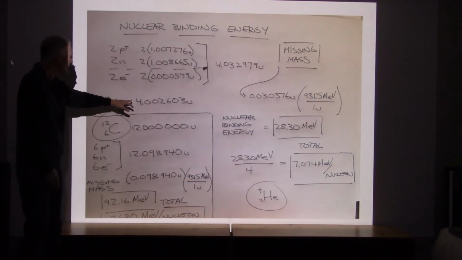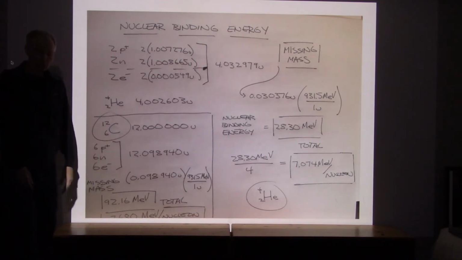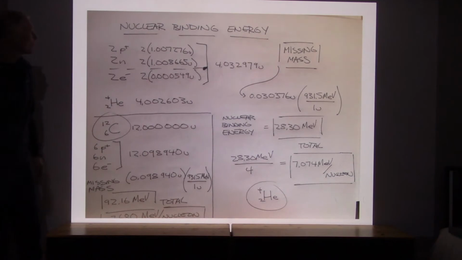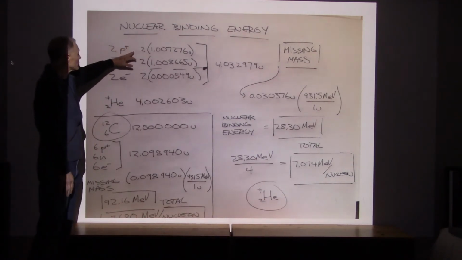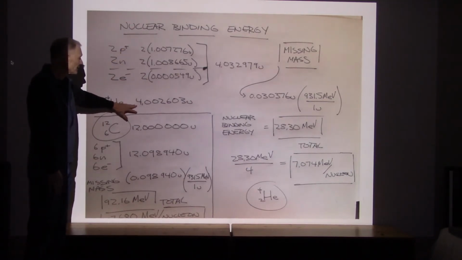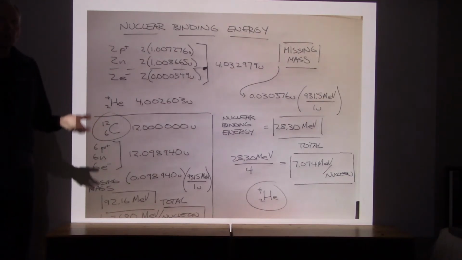If we look at the mass of helium-4 once it has formed, the numbers don't match up. And what we're seeing here is mass is not conserved. So even though we have this much mass in the protons, neutrons, and electrons, when they combine to form helium-4, some of the mass is missing. We don't have as much mass as what we started with.